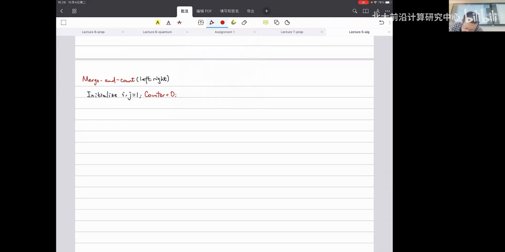So the algorithm is similar to the above algorithm. We still have this while condition: while we have not finished the pointers, so while i and j are smaller than n over 2 plus 1, and if left i is smaller than right j.